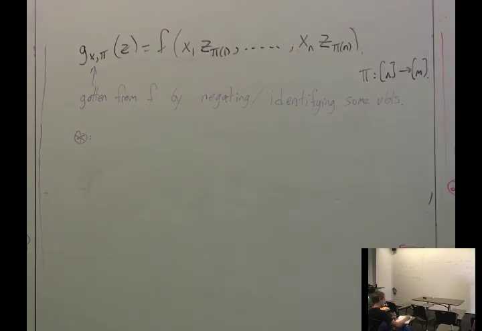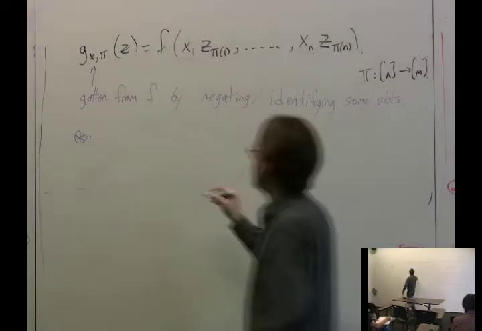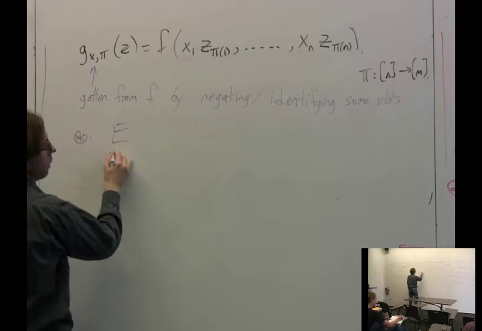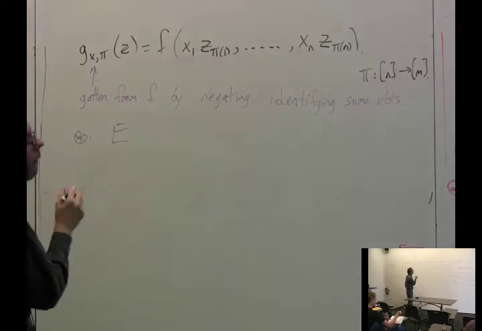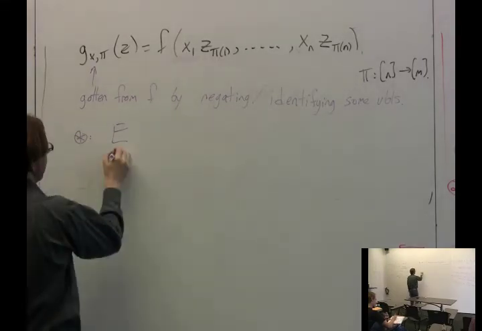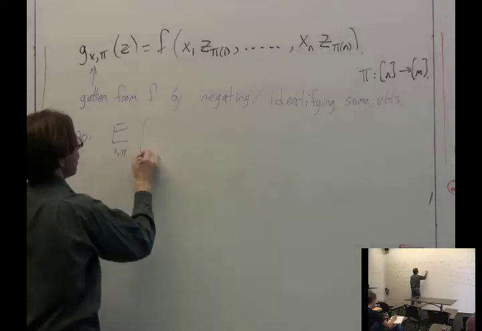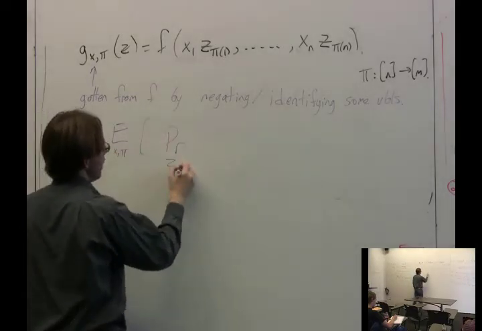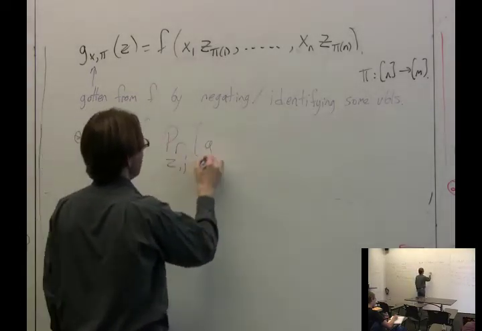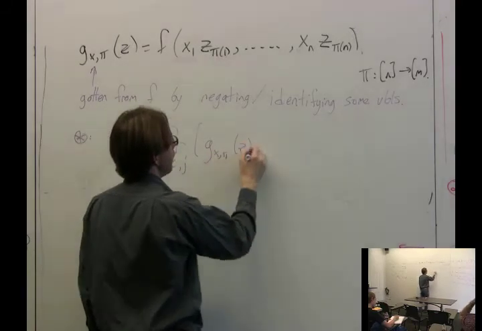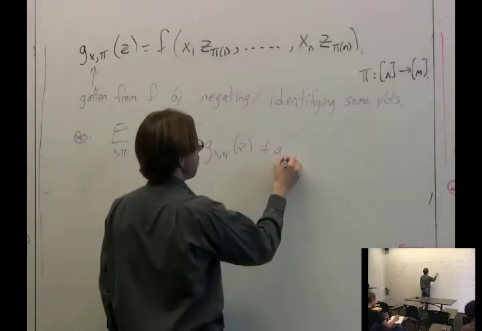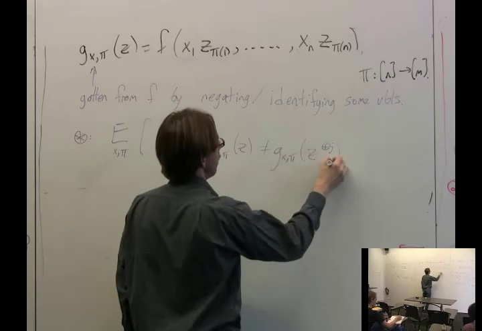We have its expected value over x and pi of some experiment: probability over z and j that g sub x pi of z does not equal g sub x pi of z plus j.